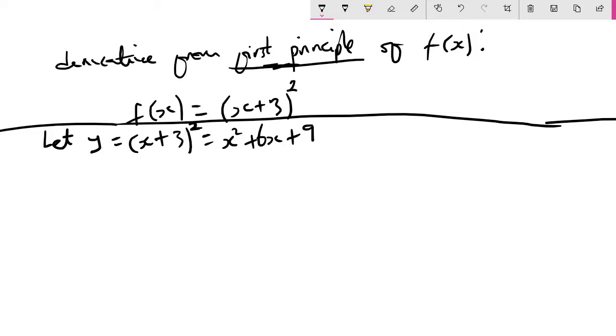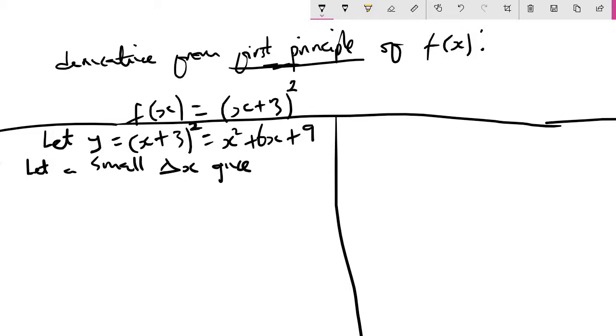Okay, so now in differentiating from first principle, the underlying assumption is that we let a small change in x give rise to a small change in y. Now this expression is very important.